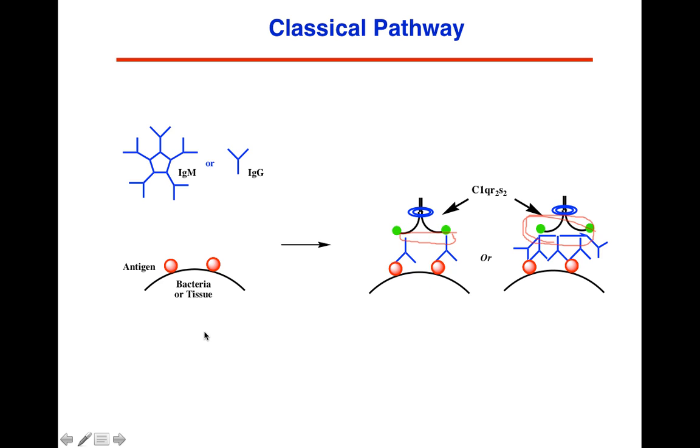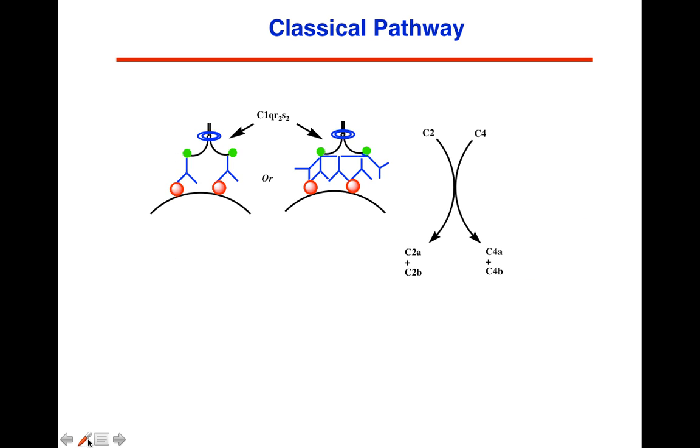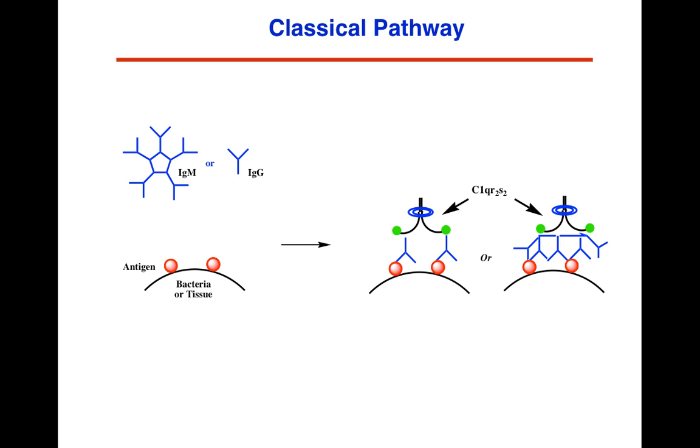So what this means is that, in general, it takes about 1,000 IgGs bound to, say, a bacteria to equal the binding of one IgM, because of the probability that you're going to have the right dimensions in order for C1q to bind.